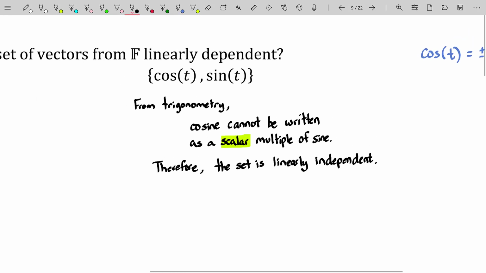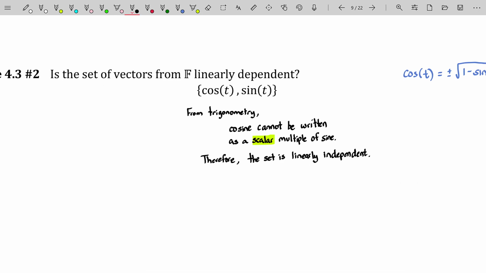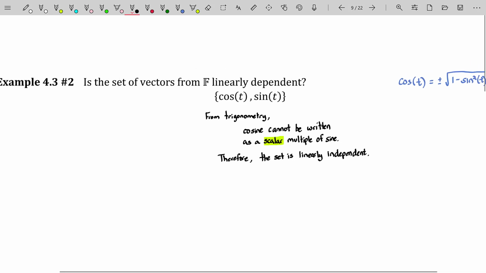Therefore, the set we've been handed must be linearly independent. Remember, it's linearly dependent if and only if there exists a vector within your set that can be written in terms of the other vectors as a scalar multiple, as a linear combination of the vectors in the rest of the set. That's not the case, so this set must be linearly independent.